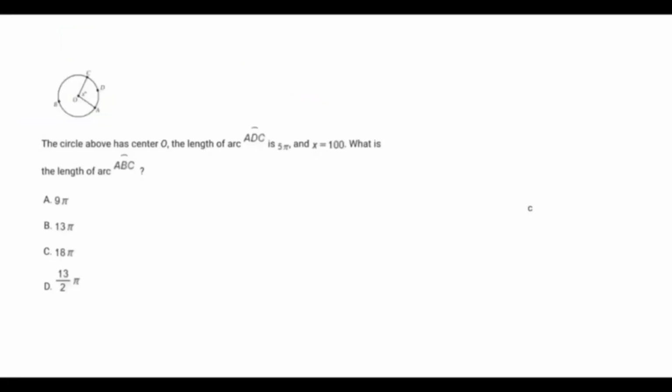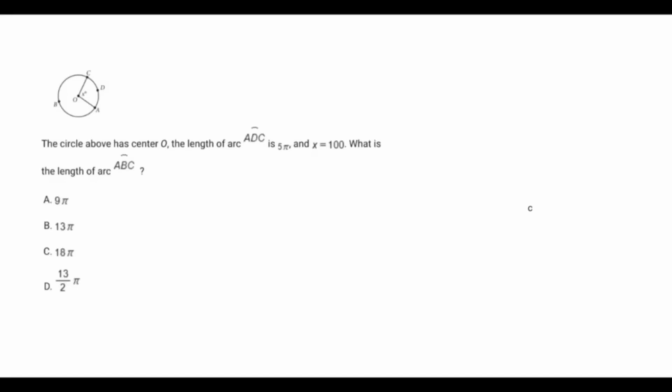The circle above has a center O. The length of arc ADC, the minor arc, is 5 pi, and x equals 100. What is the length of arc ABC? All right, so if we look at this, what we want to do is set up a ratio, right?